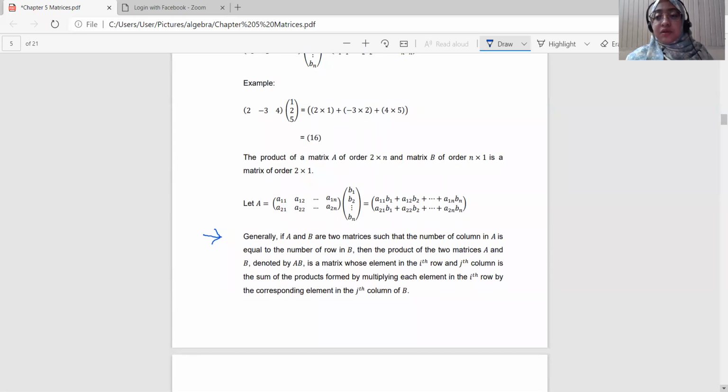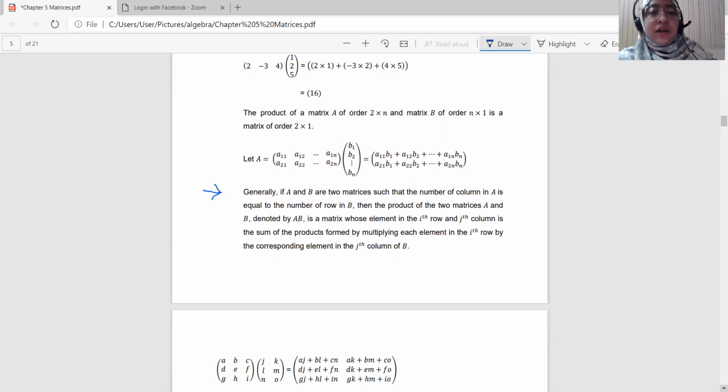In simpler words, if matrix A has order m times n, and matrix B has order i times j, you have to make sure that the column of A is equal to the row of B. It must be equal.